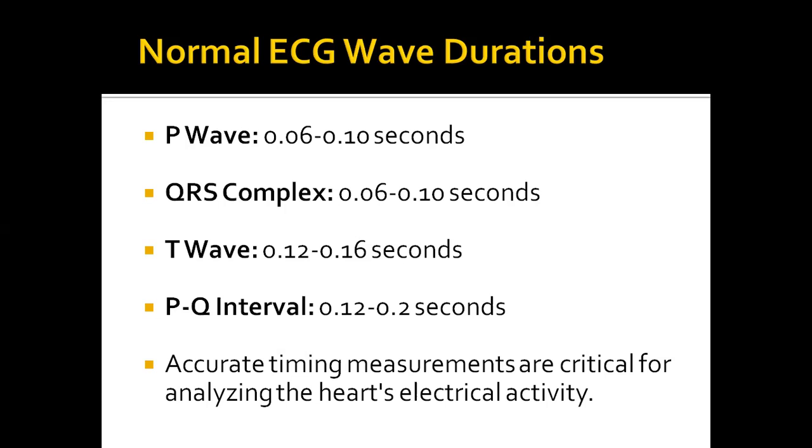The PQ interval, which represents atrial conduction time, ranges from 0.12 to 0.2 seconds. Accurate timing measurements are essential for diagnosing heart conditions.